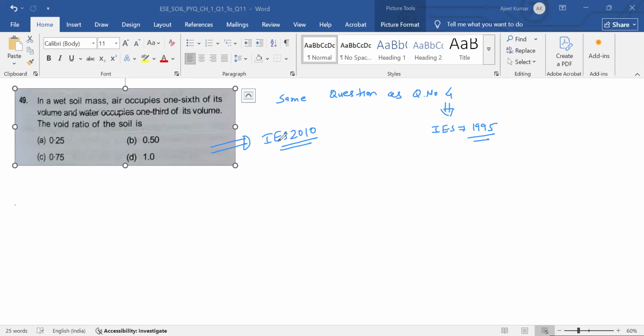Concepts repeat. 85 to 90% of questions are exactly the same if we compare the concepts. And some questions come directly from previous year questions. So it is very important to solve all previous year questions. Okay. So for the answer of this question, you can go and see the solution of question number 4.